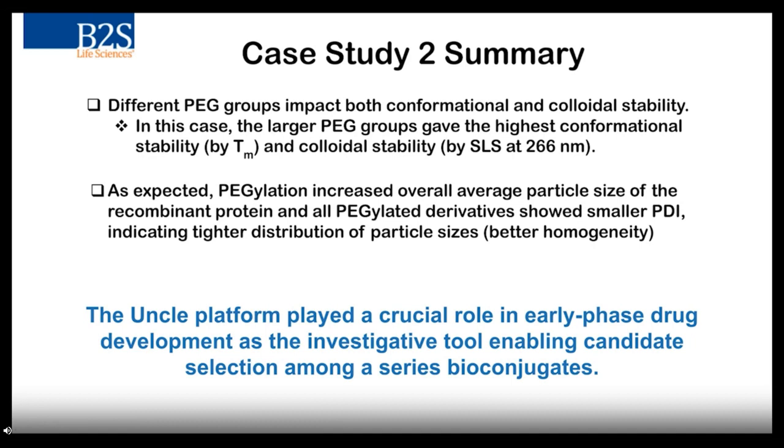And as expected, pegylation will increase the average particle size of any protein, and the pegylated derivatives also showed smaller PDIs, indicating that their particle size distributions were more homogeneous. And in terms of putting it into context, the UNCLE platform played a very crucial role in an early phase drug development project.